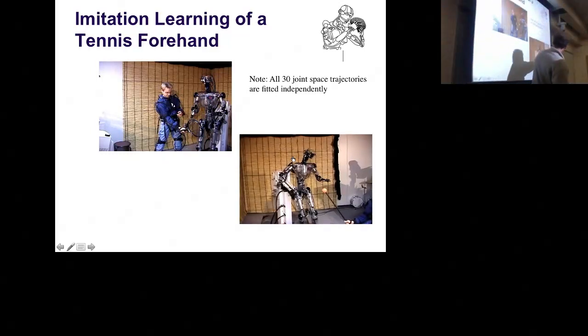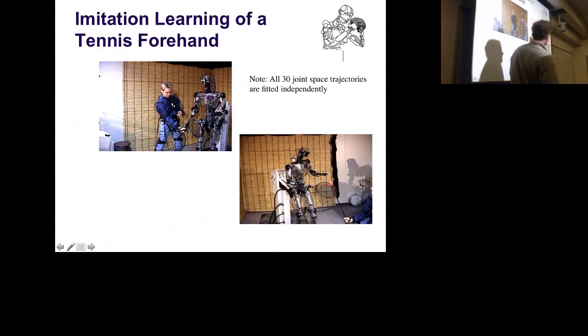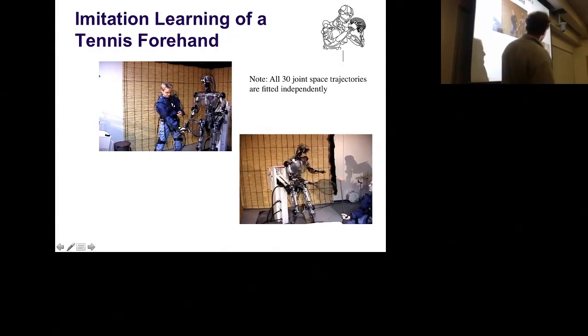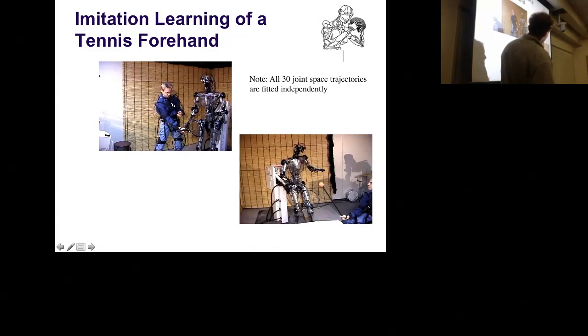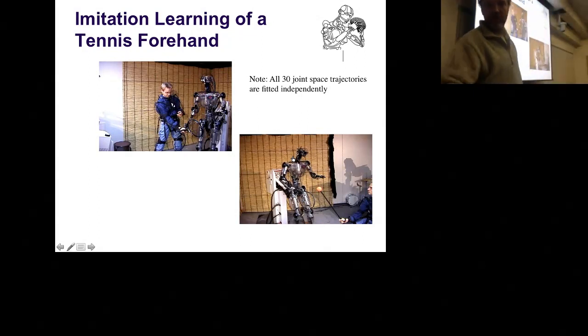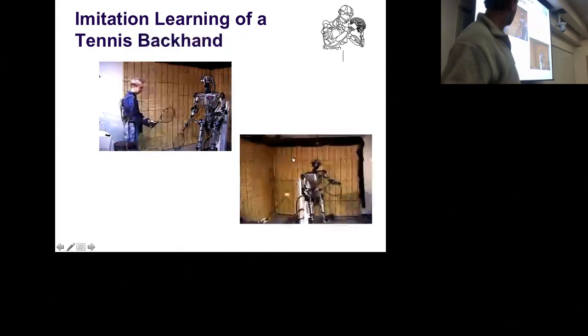And it actually used that ball as a goal. Not very perfect, but it's a first step, how to go in a really complicated multi-degree of freedom system and transform it with the help of a demonstration into a pattern generator which can go for a goal.